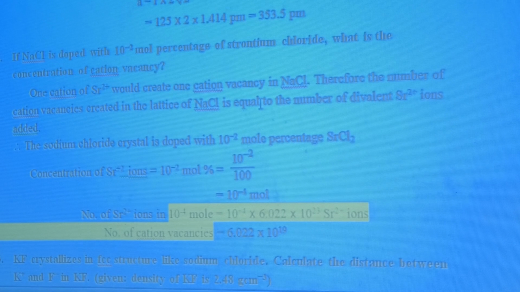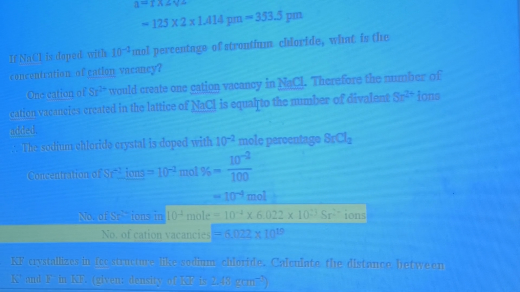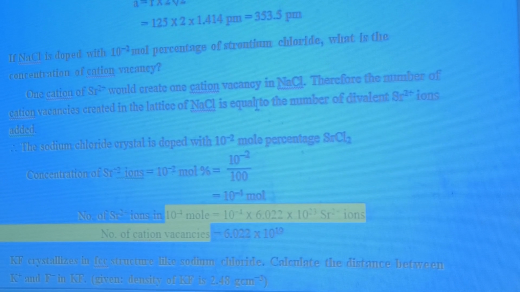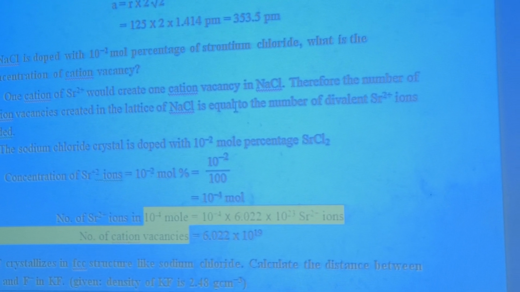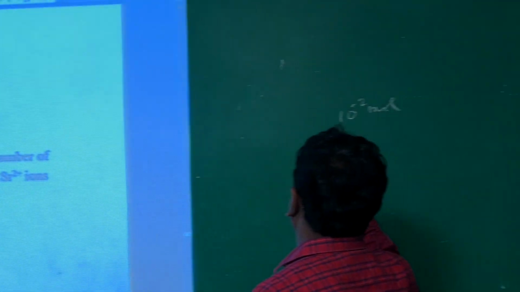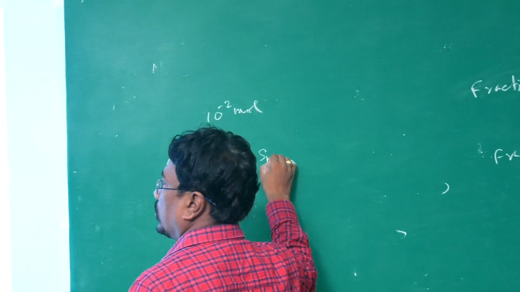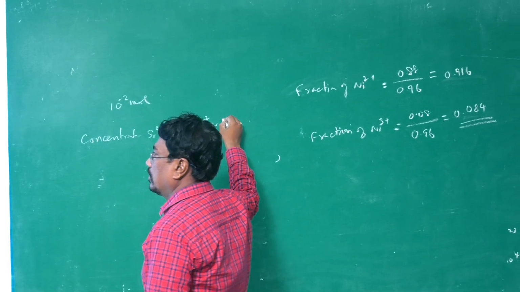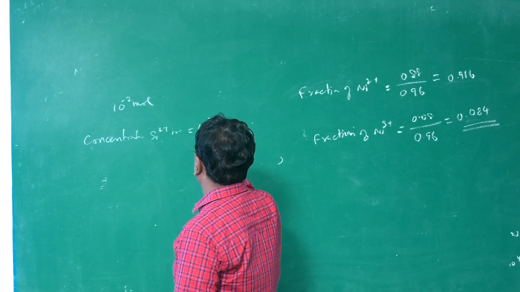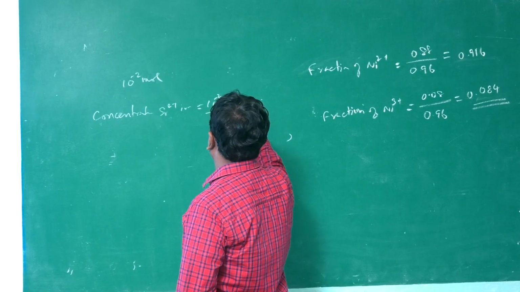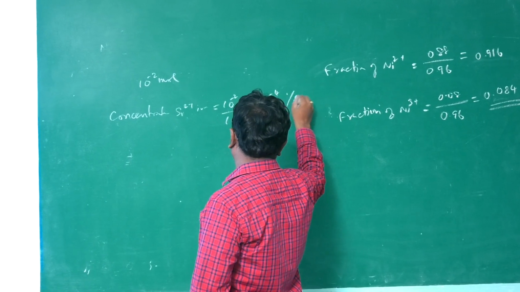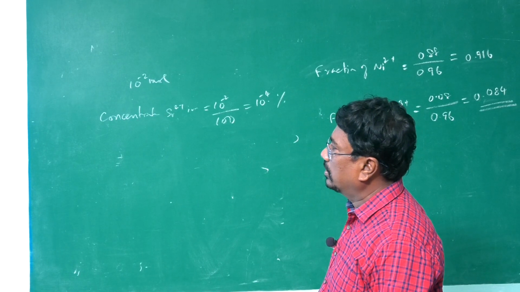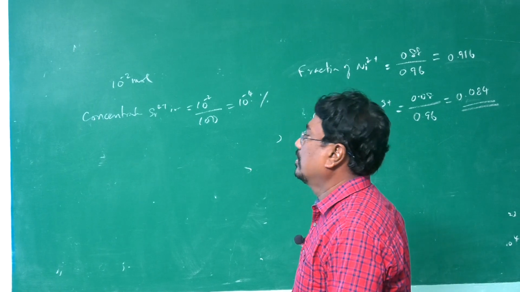The concentration of Sr2+ ion is 10 power minus 2 mole percentage divided by 100. Out of 100, this many. Therefore, 10 power minus 4 mole.